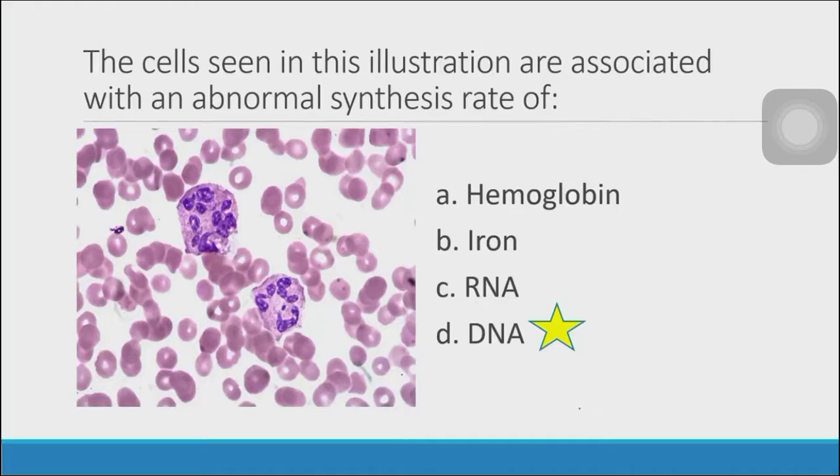For iron, you may see Pappenheimer bodies or siderocytes. For RNA, earlier we had the Döhle bodies, right? Cytoplasmic RNA or ribosomal RNA. Or there may also be the presence of reticulum in reticulocytes, which again indicates the presence of RNA.